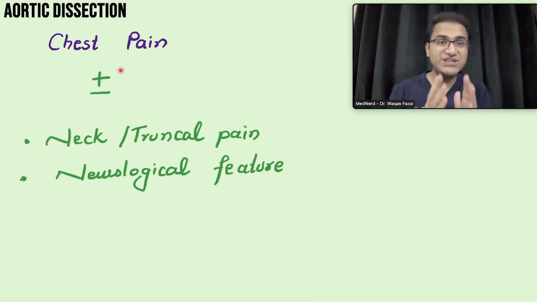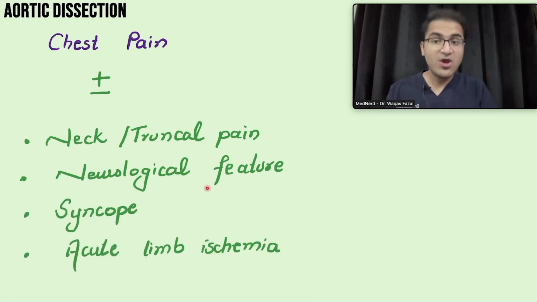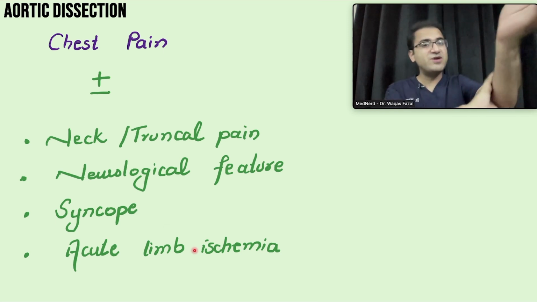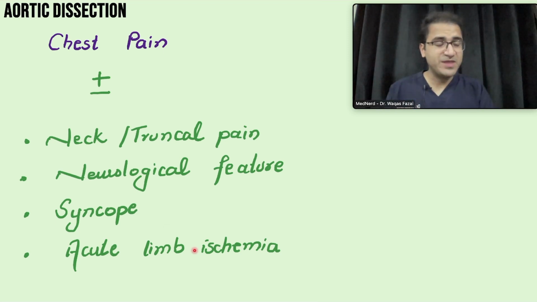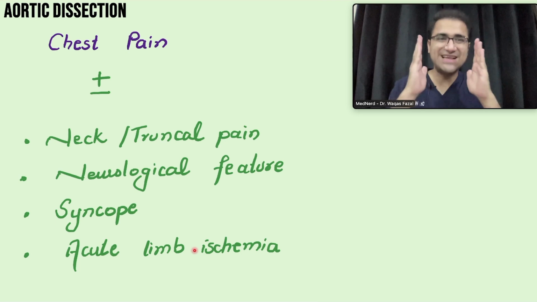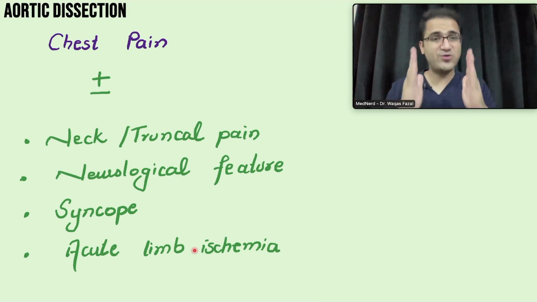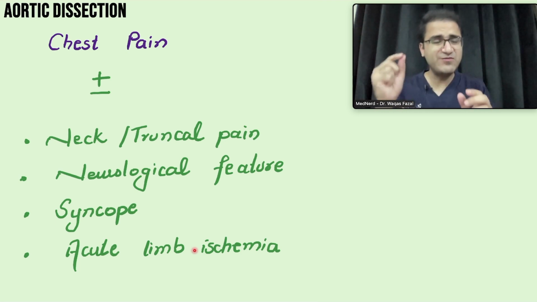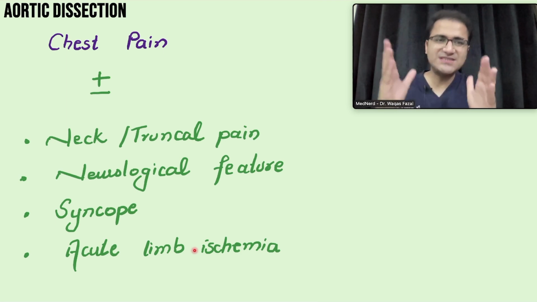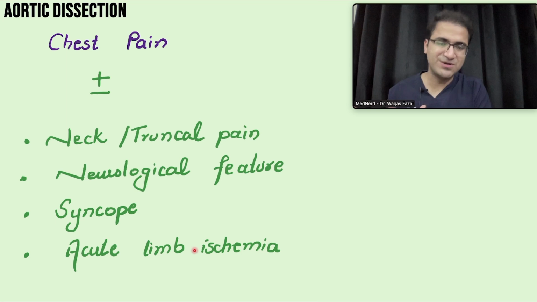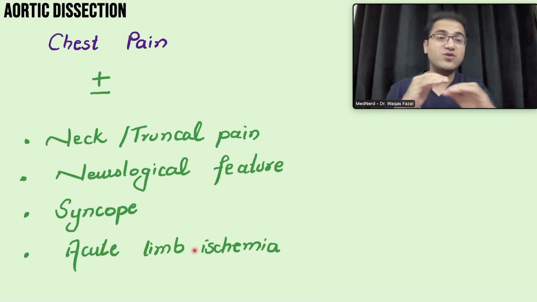Remember, if a patient presents to you with chest pain, and with chest pain the patient is having neck or truncal pain, or neurological features, or syncope with chest pain, or acute limb ischemia where there are no pulses in one limb and severe pain in one limb, this is an indication that the patient is developing aortic dissection. Because chest pain with neurological features, syncope, limb ischemia, truncal pain, these are classical features of aortic dissection. You must have a low threshold for screening patients for aortic dissection.